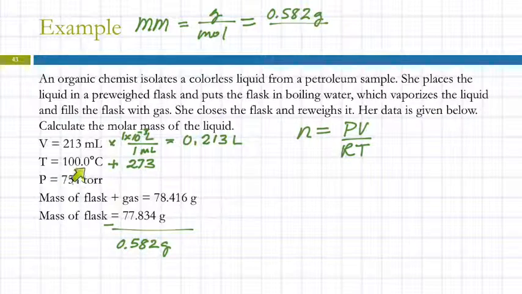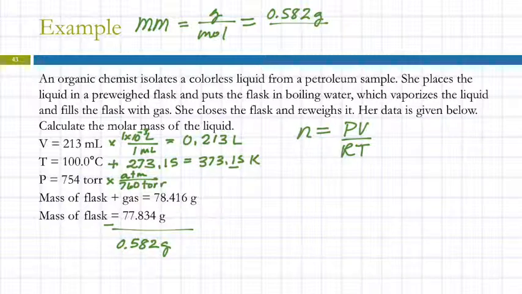Our measured temperature here has 1 decimal place. So if I used the rounded version of the conversion factor, I would be losing some precision. So here I definitely want to use 273.15. And this is going to be 373.15 Kelvin. And then torr, I need to take atmospheres over 760 torr.